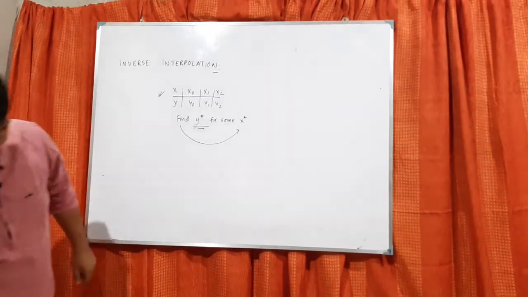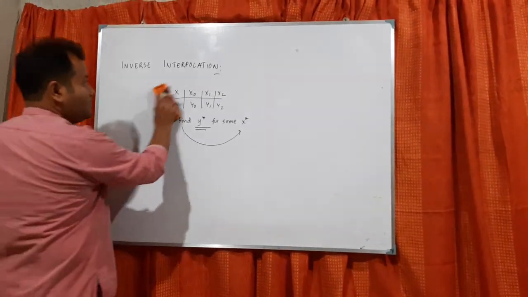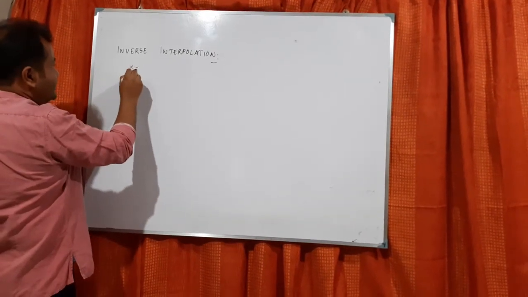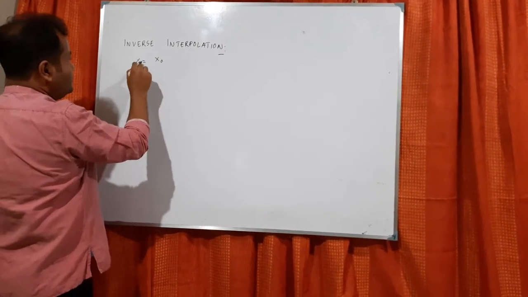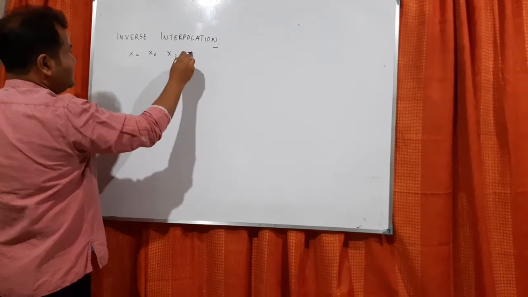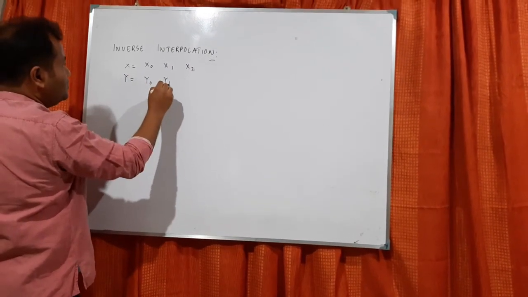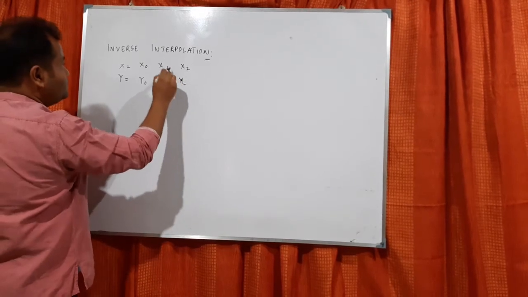So suppose x is x0, x1, x2 and corresponding y is y0, y1, y2.